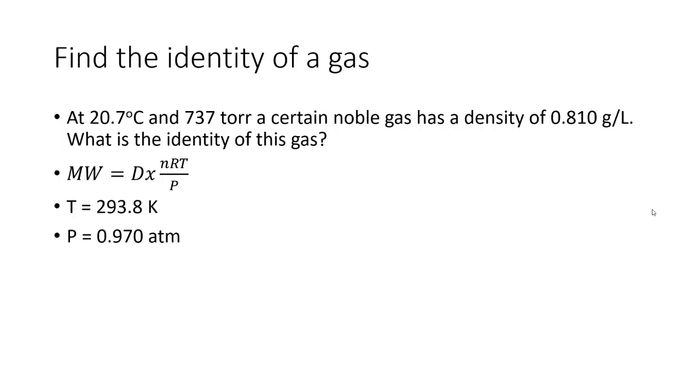And then we said that the temperature in Kelvin was 293.8. I got there by adding my 273. And the pressure was 0.970 atmospheres. I got there by dividing by 760. All right, so find for me what is the molar mass. And then see if you can figure out what the identity of the gas is.